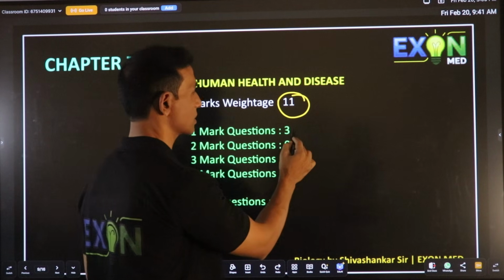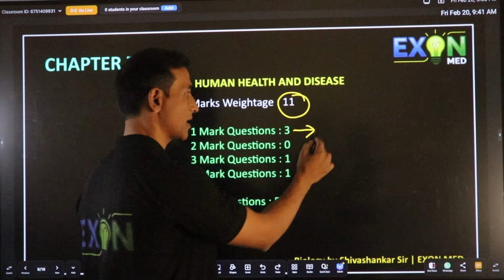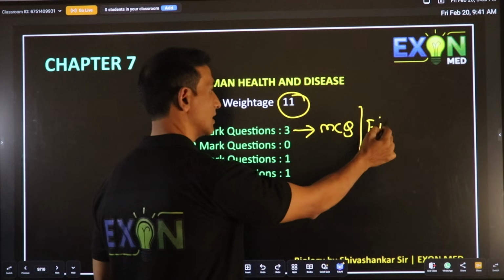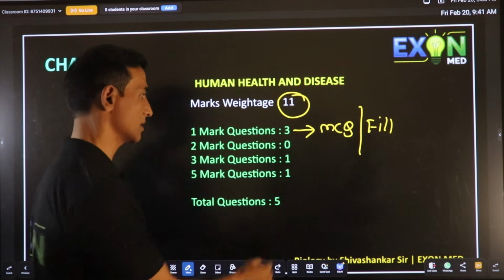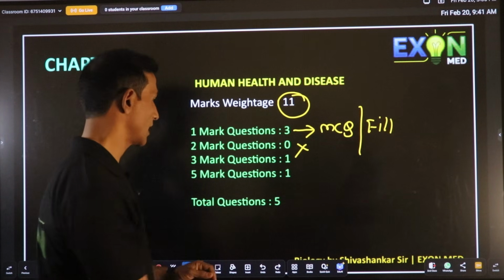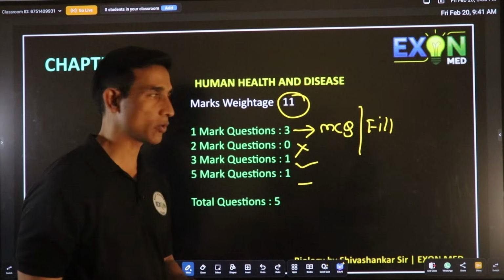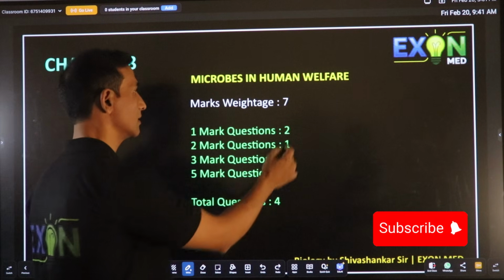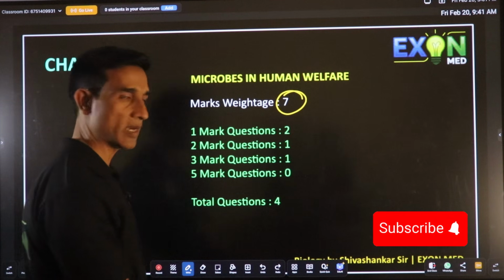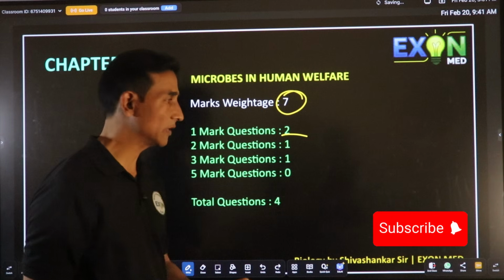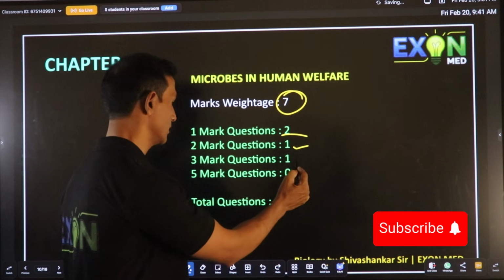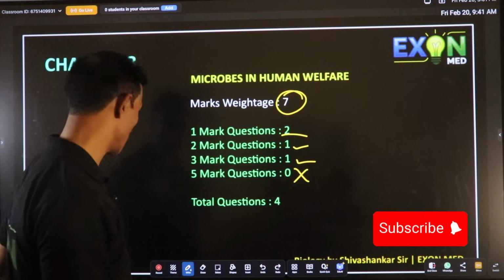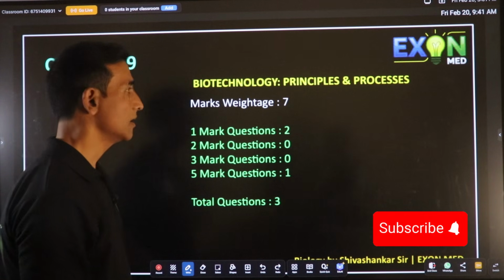Here 1 mark questions are 3: 2 MCQs and 1 fill in the blanks. 2 mark questions they will not ask, and 3 mark 1 and 5 mark 1 question. Next chapter is microbes in human welfare, carrying 7 marks. 1 mark 2 questions for MCQ and fill in the blanks, 2 mark 1, 3 mark 1, and no 5 mark questions in microbes in human welfare.